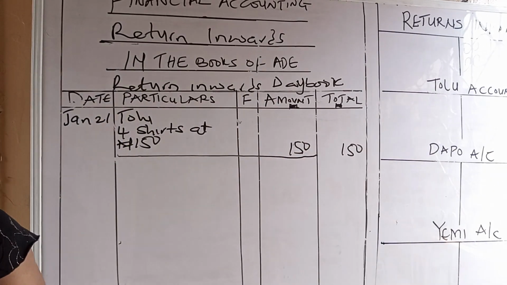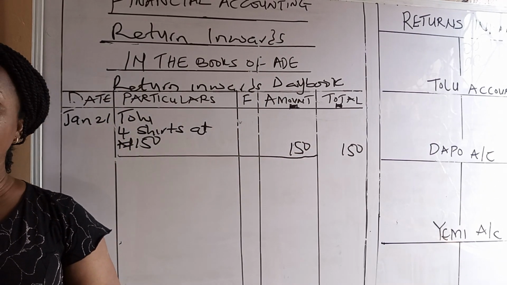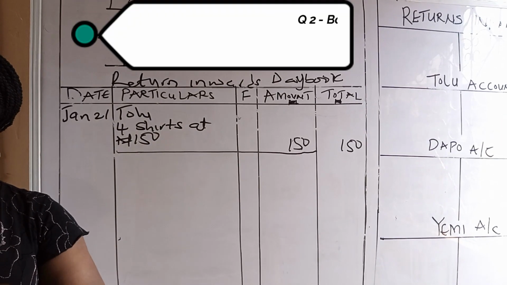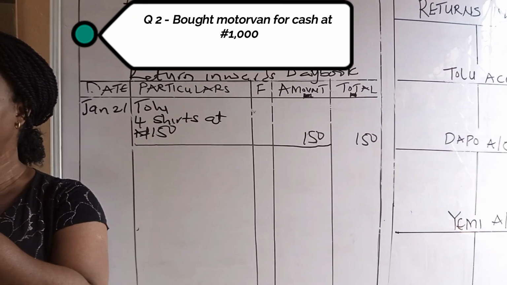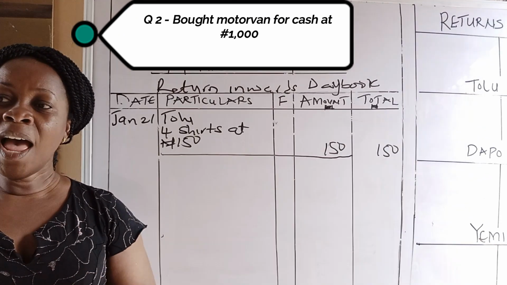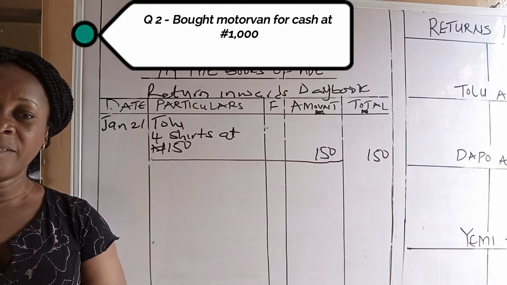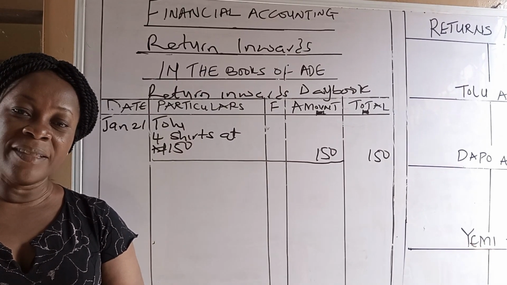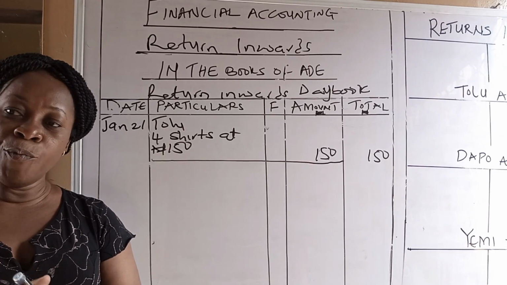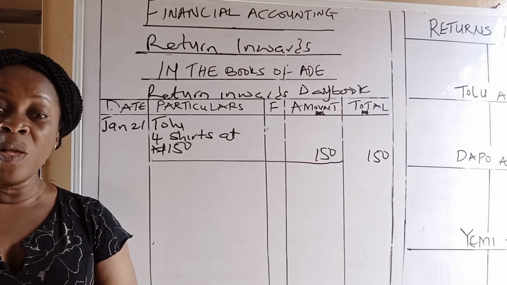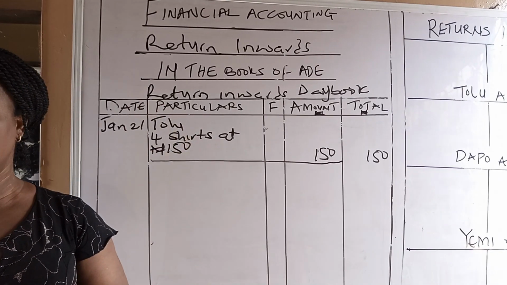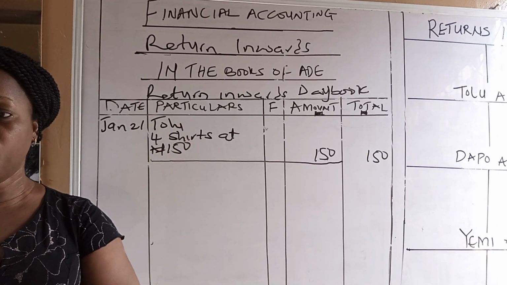On the 23rd of January, bought motor van for cash at 1,000 naira. That's a cash transaction, and the appropriate book of original entry we are looking at is the return inwards day book. So that transaction will not go to the return inwards day book; rather it will go to the cash book.